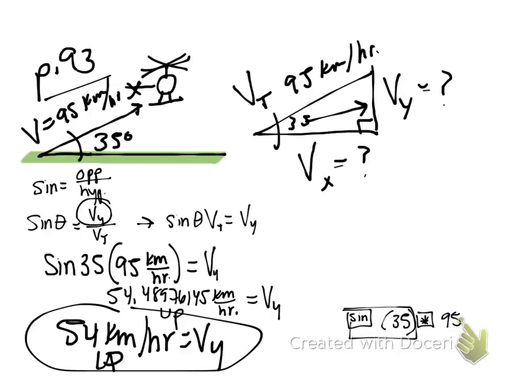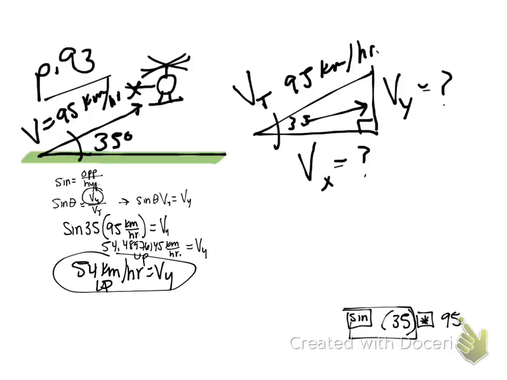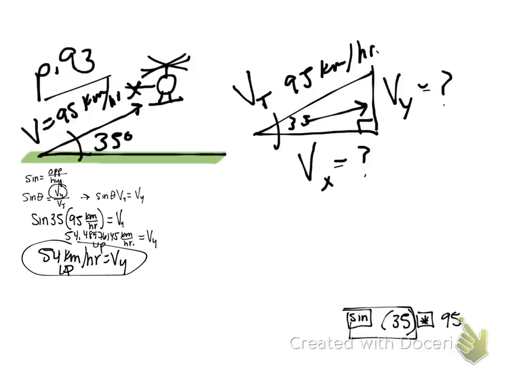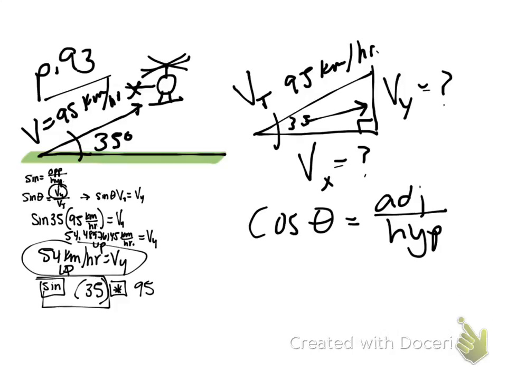How are we going to go about getting the answer on the x-axis? Same thing with cosine. Yes, sir. Okay, I think we can all agree that cosine of theta is equal to the adjacent over the hypotenuse. Wunderbar, and in this case, the adjacent is the velocity on the x, and the hypotenuse is the total velocity or resultant.